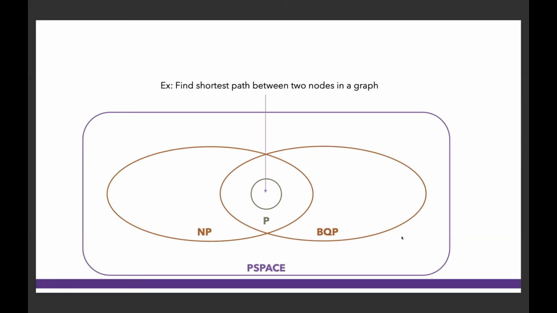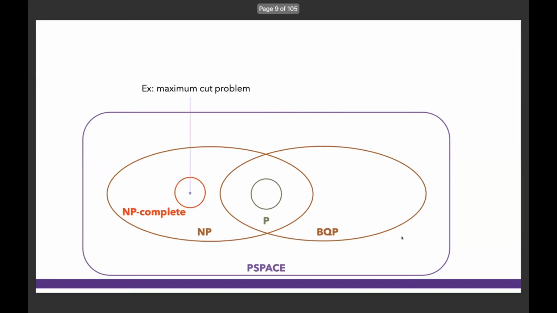Something like the shortest path problem will be in class P because it's solvable in polynomial time. Something like integer factorization will be somewhere there because we know that it's at least in NP, but it may be in P, and we don't know. It's one of those famous NP-intermediate problems.